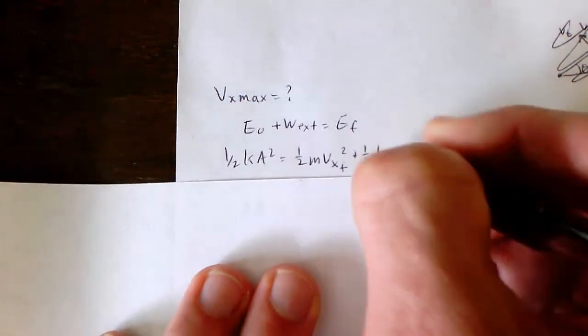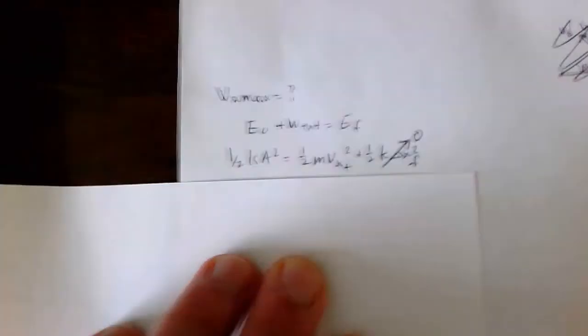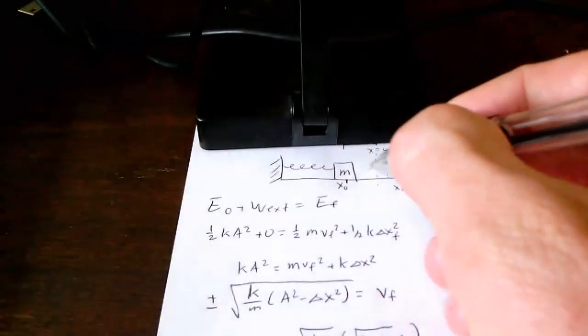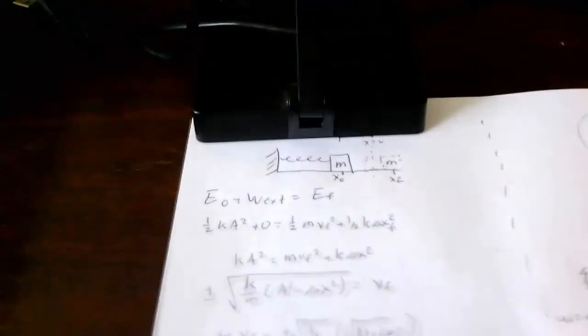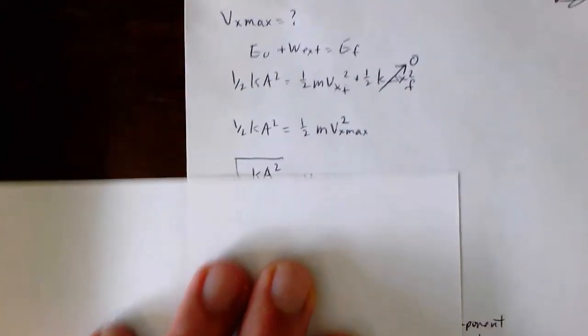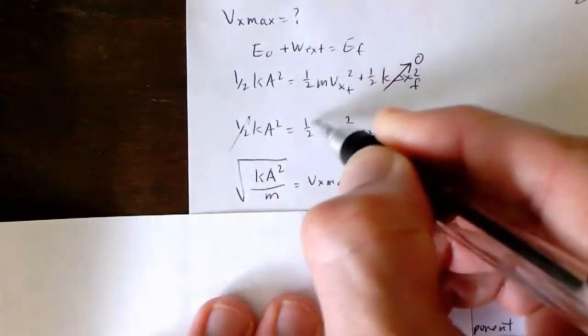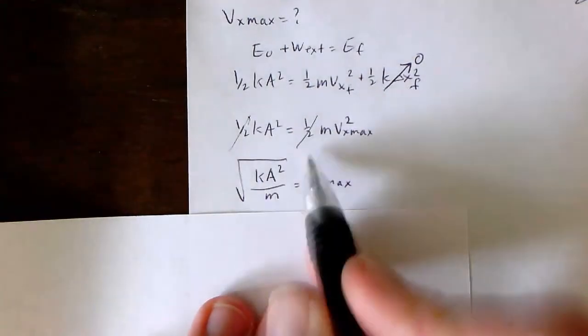But we're going to make delta x be 0. We're back at the equilibrium, the relaxed length. So the mass is here, that's when it's going the fastest. And so we just get 1/2 k a squared equals 1/2 m v squared. We solve that for Vmax. Get rid of the 1/2s, divide both sides by m and square root.